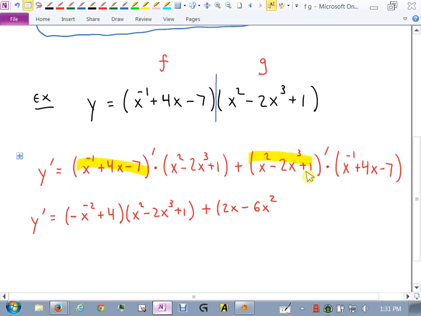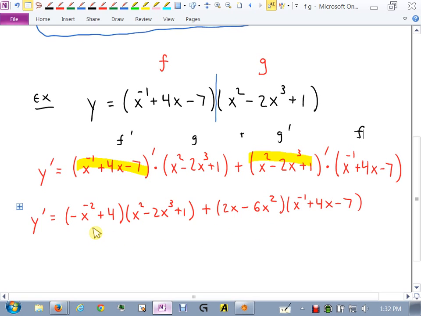And then the derivative of 1, 0, so nothing. And then just tack on to the end of that whatever that f was. So again, f prime g plus g prime f.